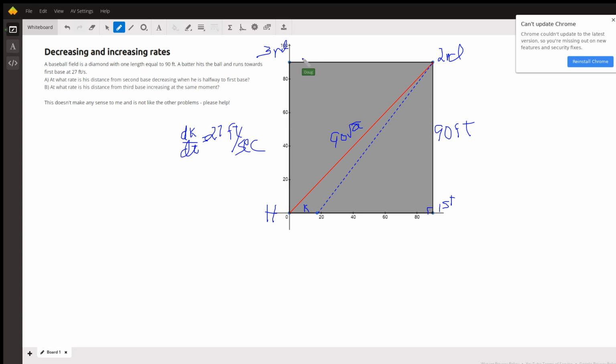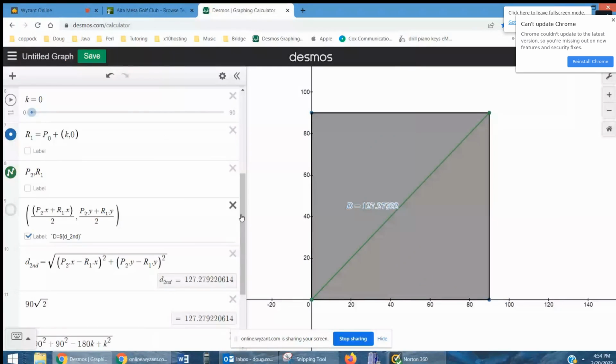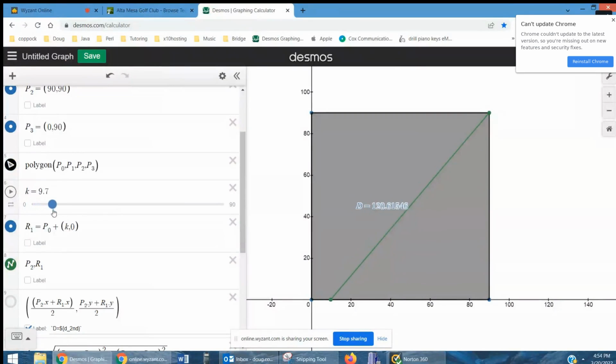It's getting smaller. As a matter of fact, if I share my screen, go to Desmos, there's the runner right there at home plate. And as K starts increasing, the distance from him to second base is decreasing.